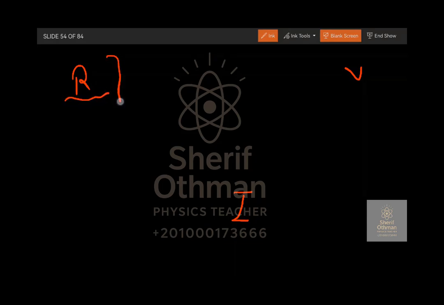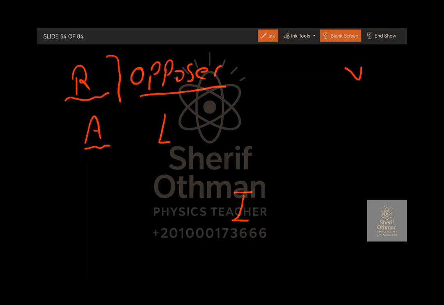Resistance is the opposition of a conductor to the flow of charges through it. It depends on the area of the conductor and the length of the conductor and the material of the conductor, of course.